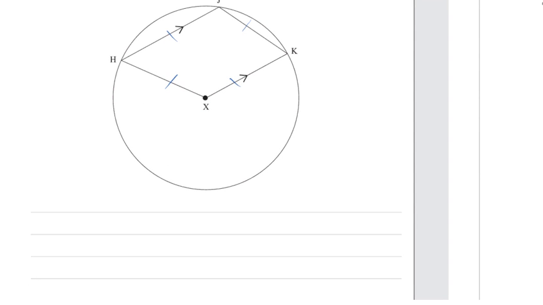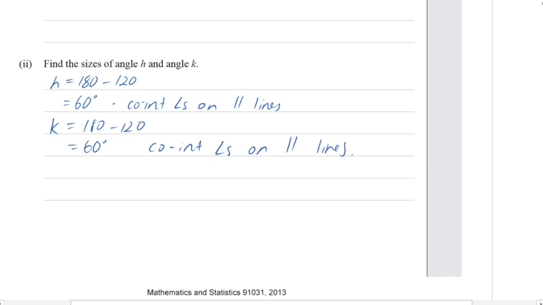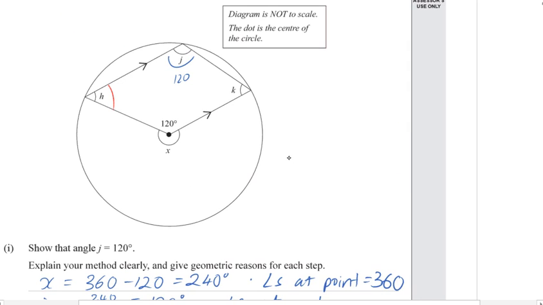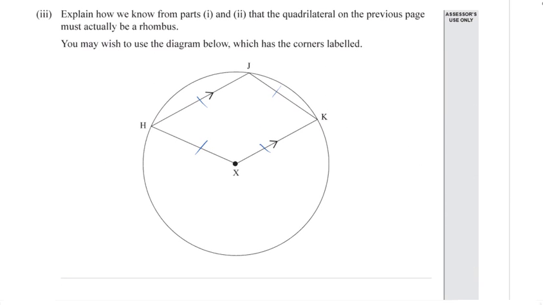Okay, so first of all, we need to say about the sides all being parallel to each other. So how can we say that they're parallel? Well, it shows two sides parallel, but it doesn't show the others. But we can tell that the other two must be parallel as well, because we worked out the angles H and K. So first of all, let's label all of the angles. We worked out that that's 120, that's 120, that's 60, and that's 60.